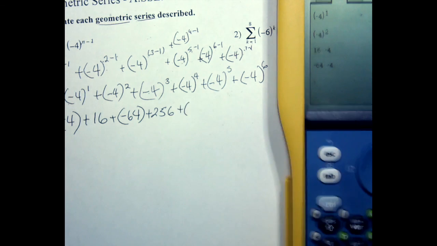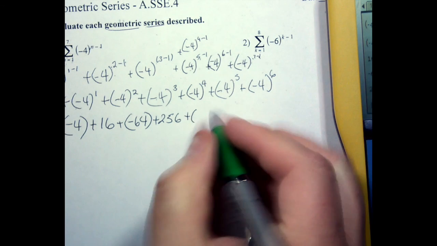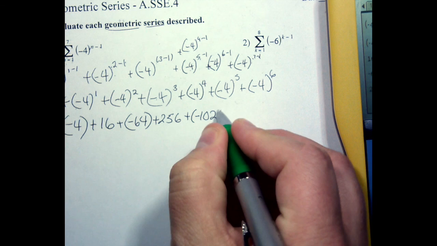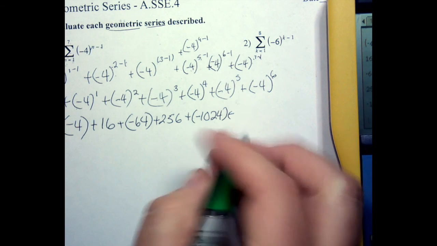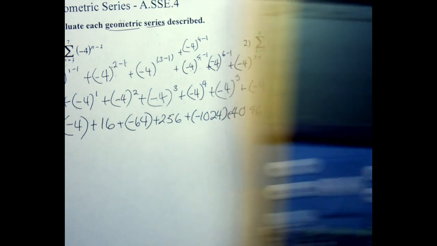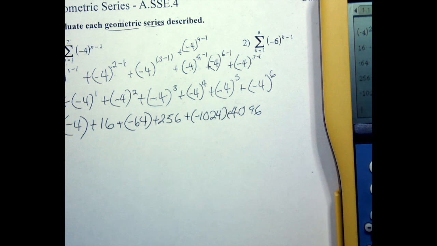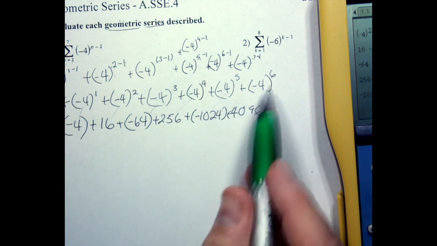Multiply by negative 4 again: negative 1024. Again: positive 4096. This term goes to this one, and so on. I think I'm done.